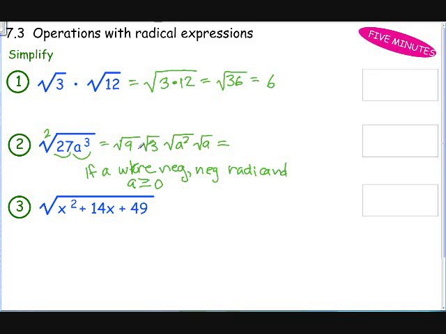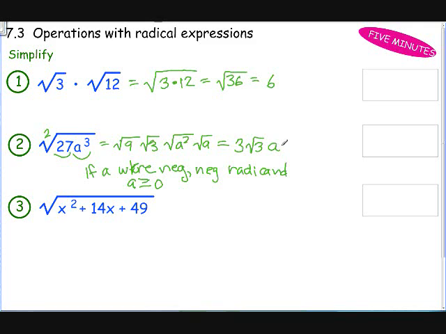So we're going to just make that assumption clear. The square root of 9, we know, is a positive 3. And then we can't find the principal square root of 3. Well, we could, but it wouldn't be exact. So we're going to stay with exact, so we're going to leave that. And then the square root of a squared, where a is known to be non-negative, we can say is just a. We don't have to put the absolute value sign there.